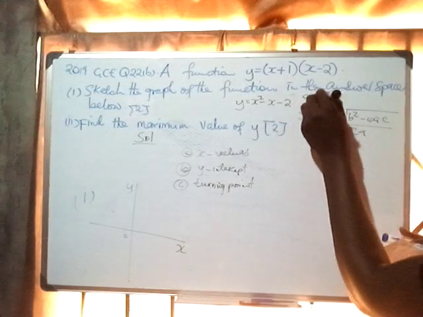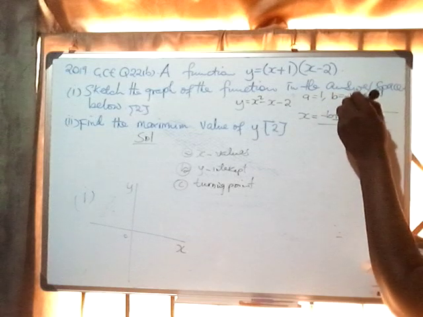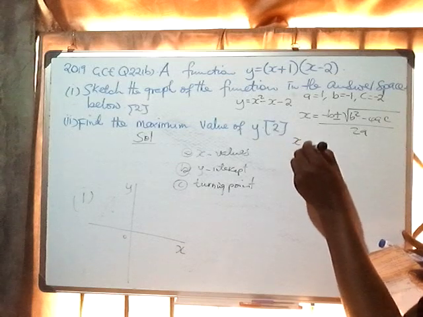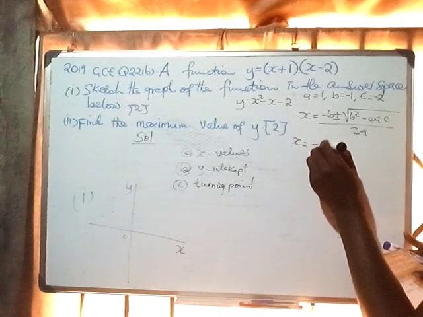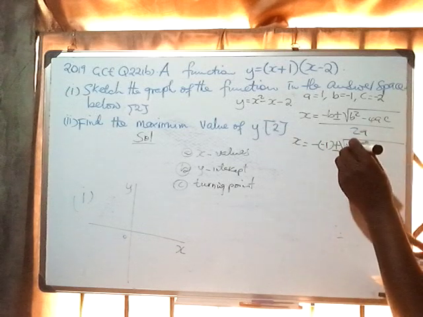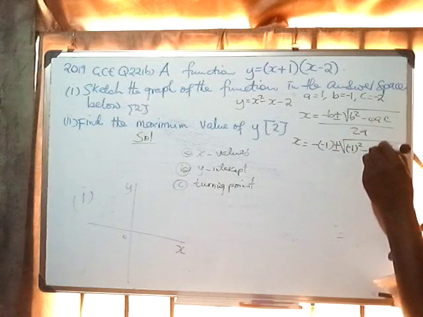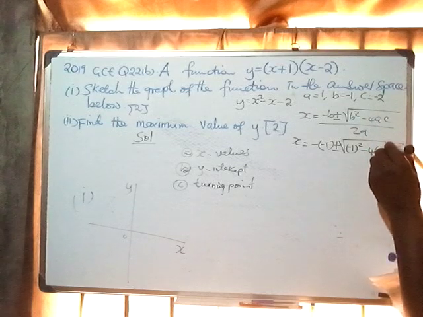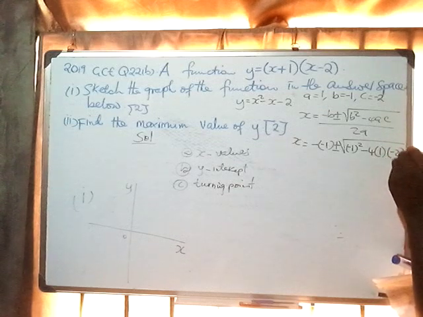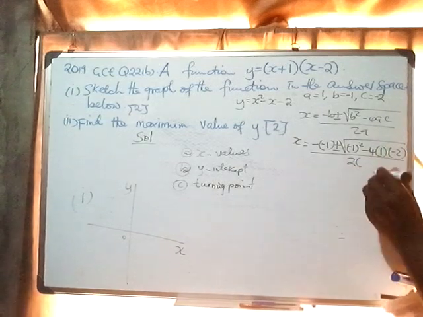So in this case, our a is 1, our b is negative 1, our c is negative 2. So we are going to say x is equal to negative negative 1 plus or minus the square root of negative 1 squared minus 4 times 1 times our c, negative 2, everything over 2 times our a, which is 1.